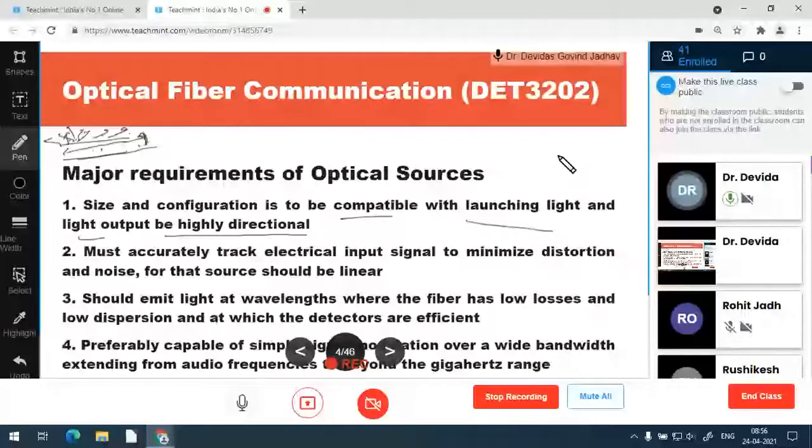Then what is second? It must accurately track the electrical input. So it should be linear, isn't it? It should be linear. It must accurately track the electrical input. Suppose the electrical input is varying like this, it should maintain the linear relationship, and it will generate an output very much the same as the input.